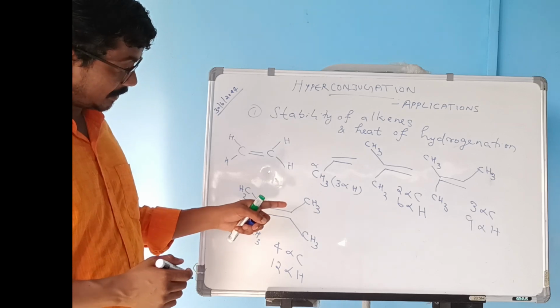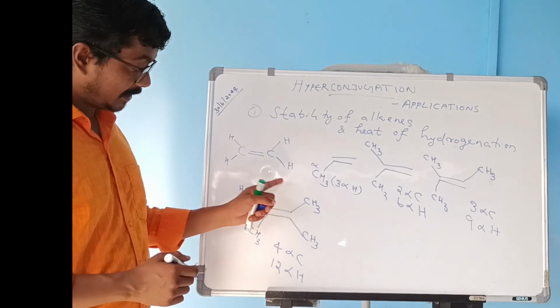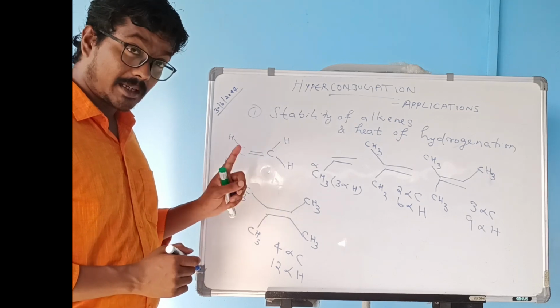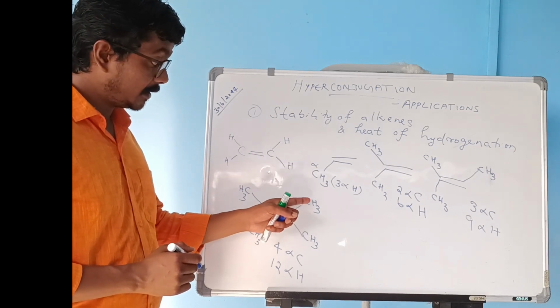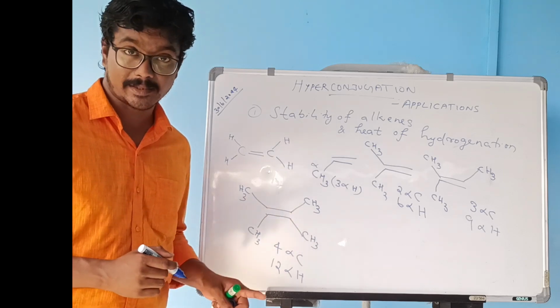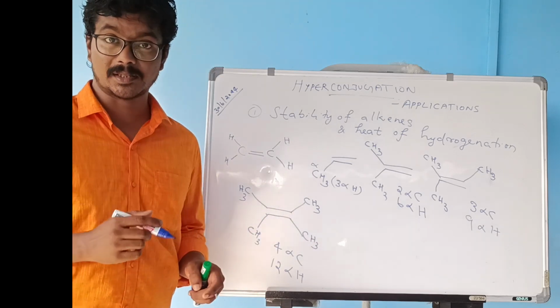We can define it specifically: the last one, the alkene which is carrying more alkyl groups with alpha hydrogen atoms, possesses high stability.